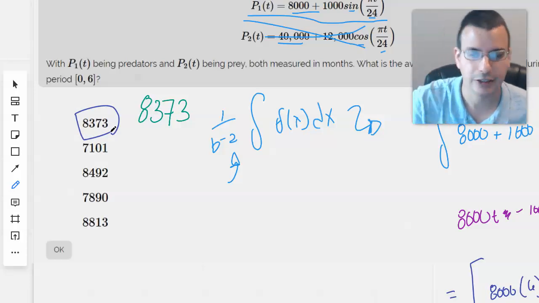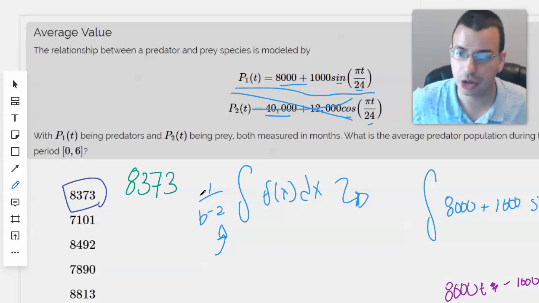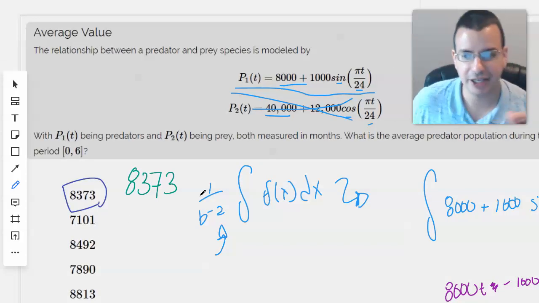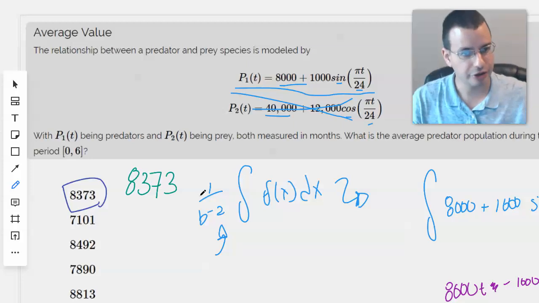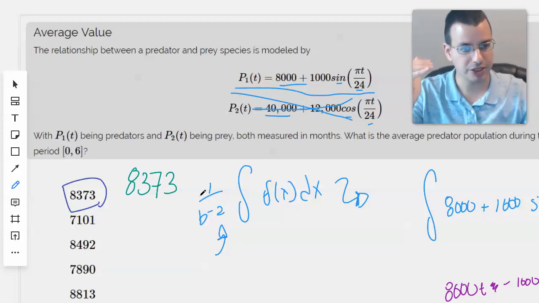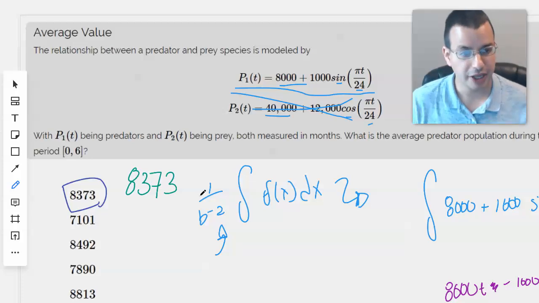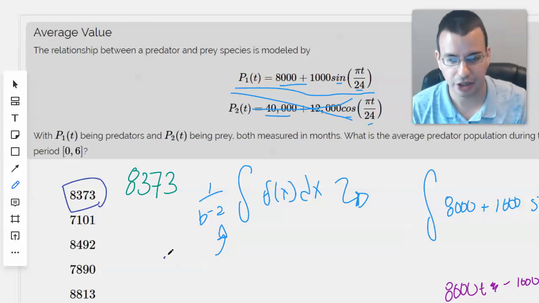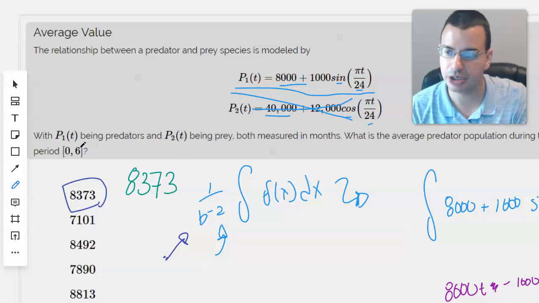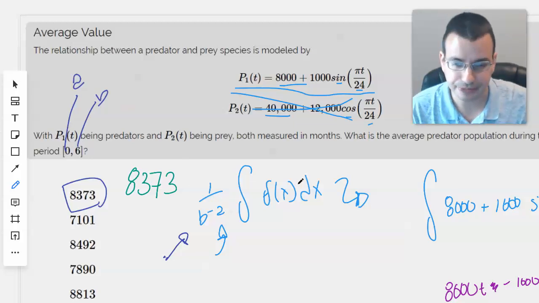Okay. Backtrack. Recap. So this is an average value problem. The idea is we have a graph with an area under the curve. We want to transform this funny shape into a rectangle to basically see the average value. Once we find the area under the curve, we divide by the width here, which is going to be the final value minus initial value.